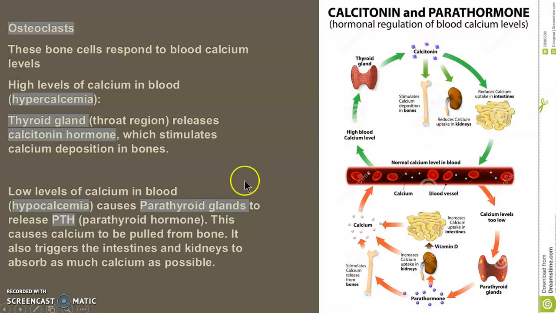But if we have hypocalcemia, then the parathyroid gland, which is, okay, this is in the throat region, then the parathyroid says, hey, we need calcium because muscles need calcium for contraction. We need calcium to survive. So where's calcium?